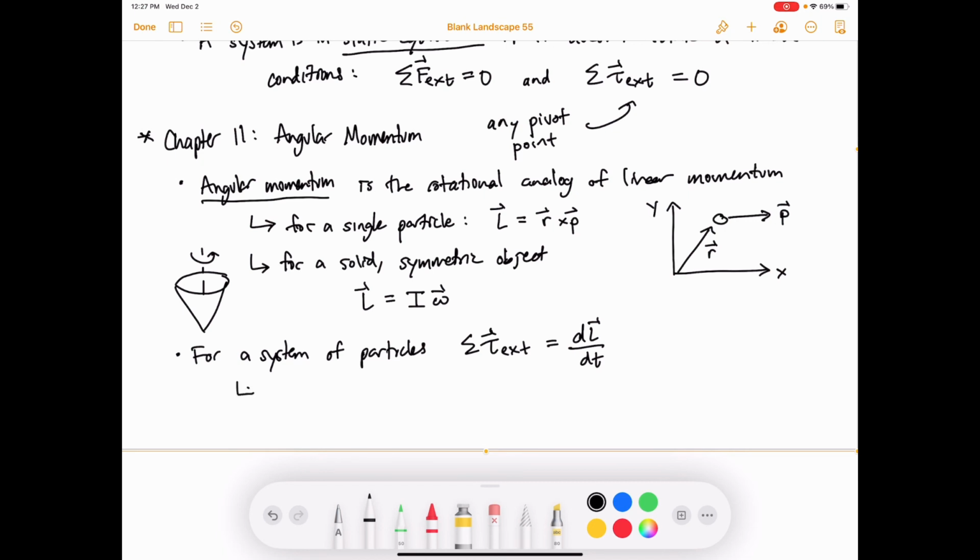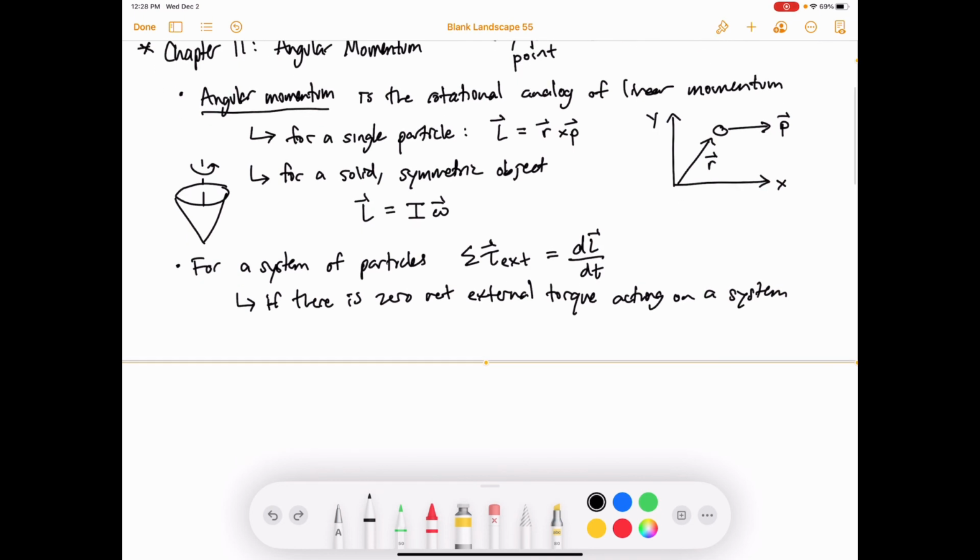So if we think about what happens when there is zero net external torque acting on a system, well, the left-hand side of the equation is equal to 0. And so the right-hand side also must be equal to 0. In other words, dL/dt is equal to 0, meaning L is not changing over time.